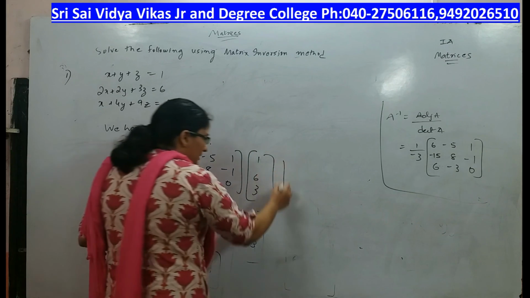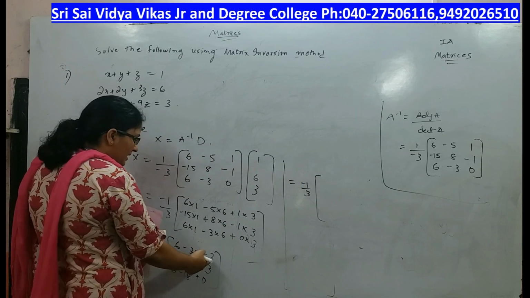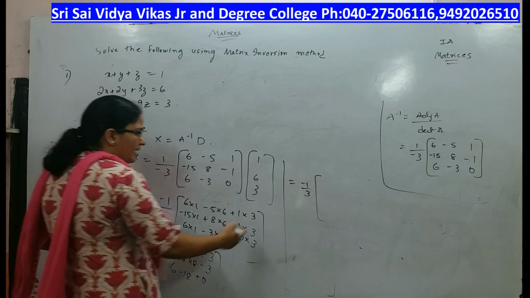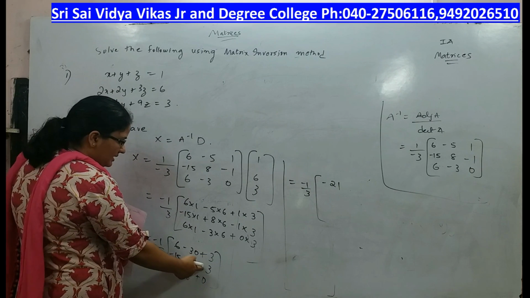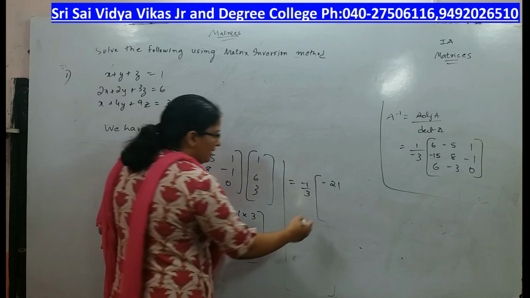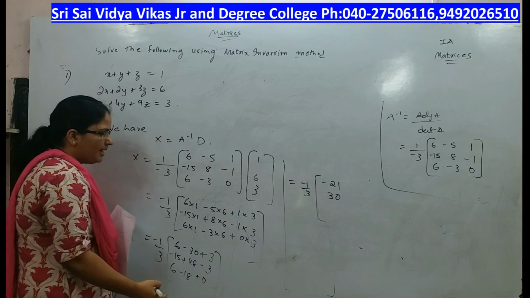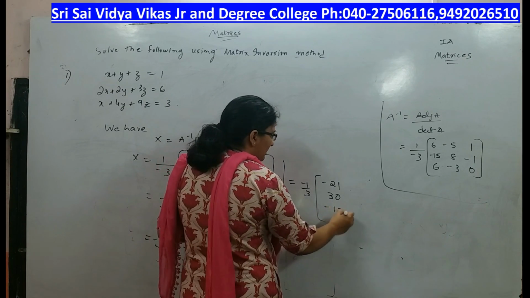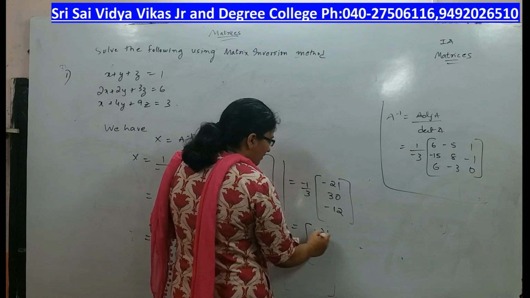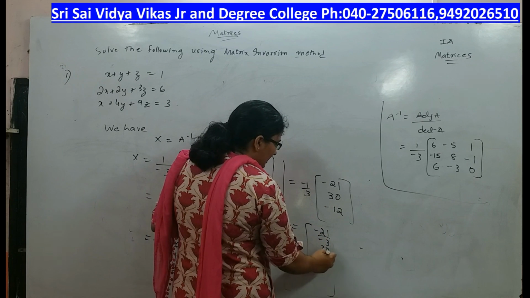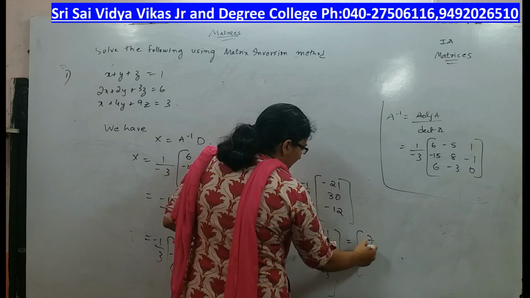So that is nothing but minus 1 by 3 into 6 plus 3 is 9, 9 minus 30 is minus 21, 48 minus 3 is 45, 45 minus 15 is 30, 6 minus 18 is minus 12. Take this minus 3 inside, what do you get? You get minus 21 by minus 3, 30 by minus 3, minus 12 by minus 3. That is nothing but 7, minus 10, 4.